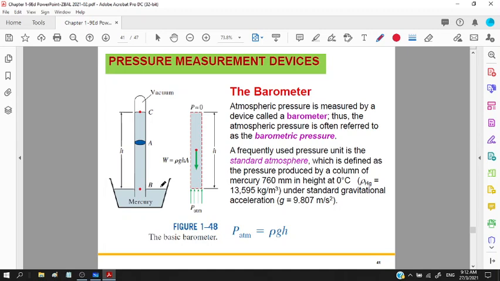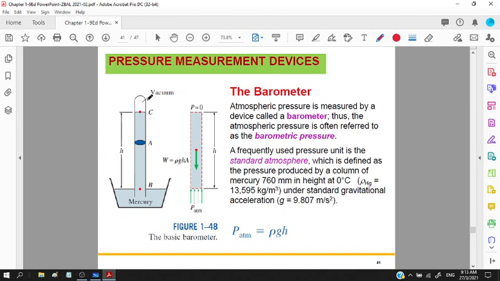In terms of the construction of the barometer, this is a column initially filled with liquid, and usually in a barometer we use mercury. When we immerse the opening of this column into a bath of mercury, because of the weight of the mercury, the upper part of this column tends to have a vacuum.